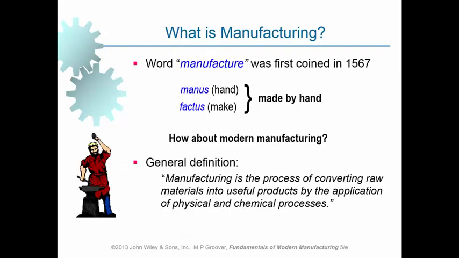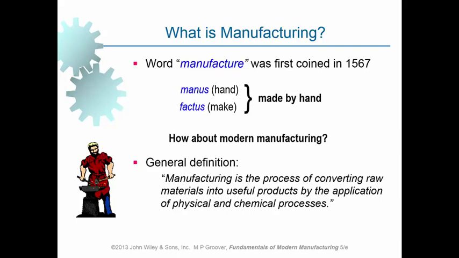Well, what is meant by manufacturing? The word manufacturing was first coined in 1567, and what it meant in those days was made by hand. However, in modern manufacturing, it has a broader definition that goes much beyond something that is made by hand.